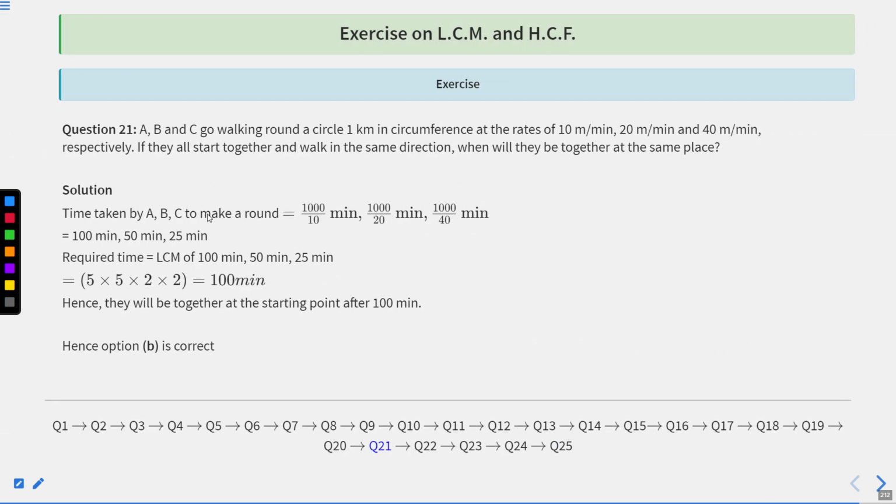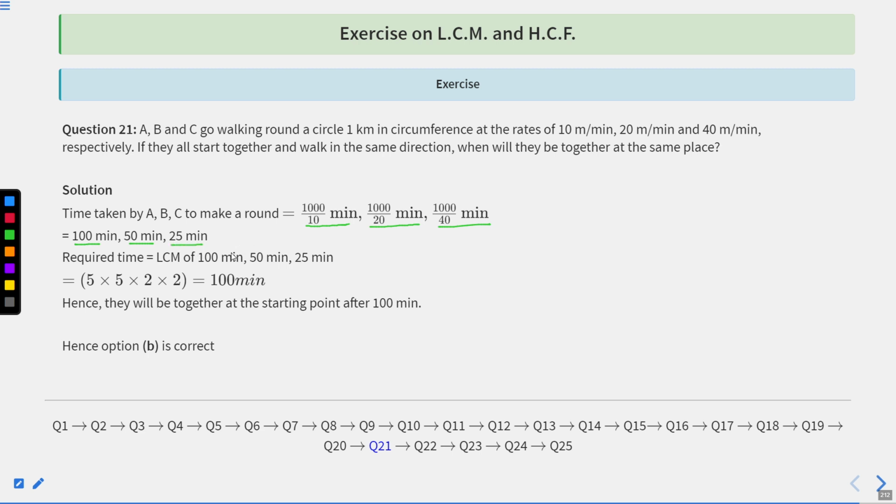So the time taken by A, B and C to make a round is 1000 upon 10 minutes, 1000 upon 20 minutes, 1000 upon 40 minutes. So the time taken by A will be 100 minutes, by B will be 50 minutes, and by C will be 25 minutes.